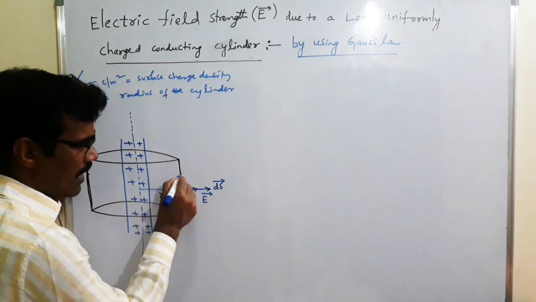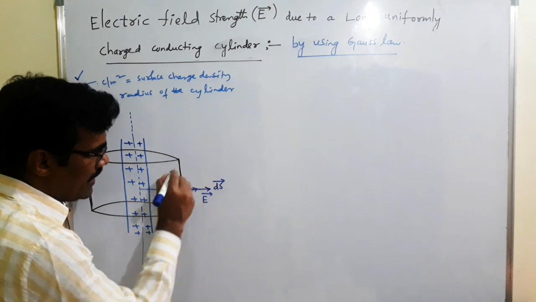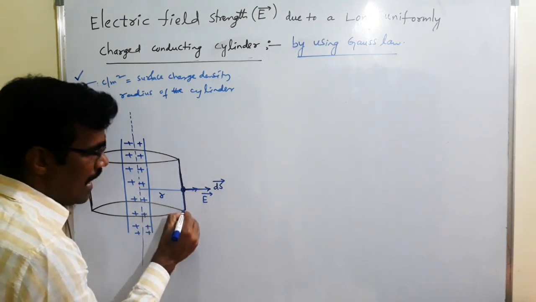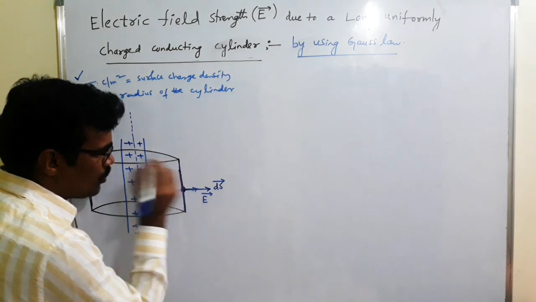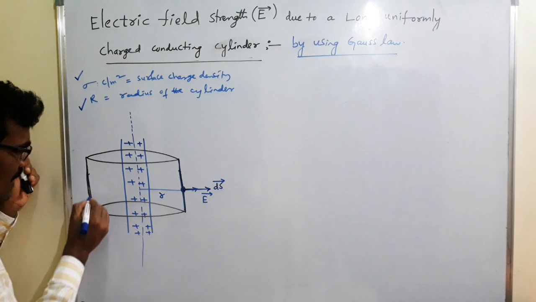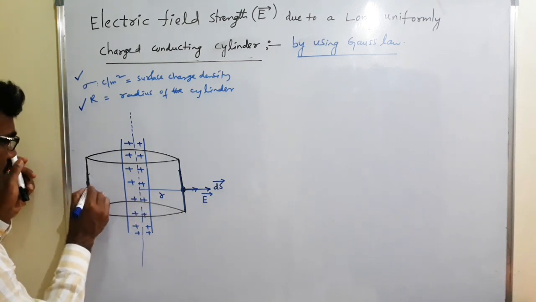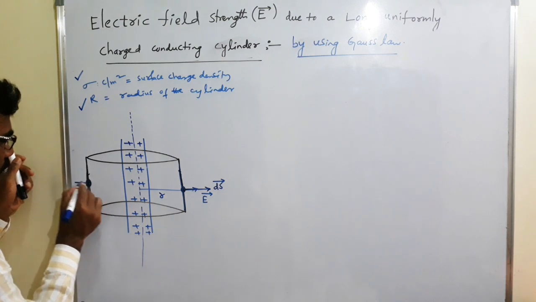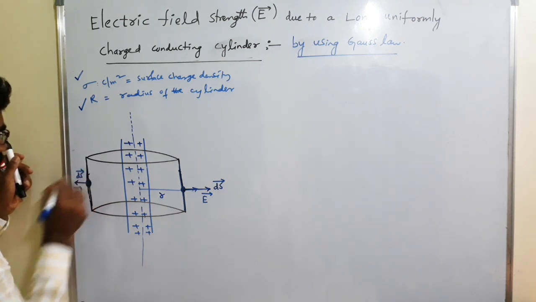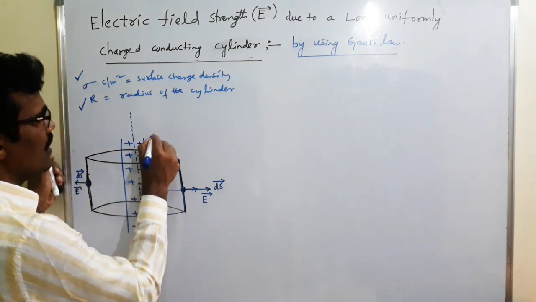At this point E bar and ds bar are in the same direction. Here also E bar and ds bar are in the same direction on this surface. And magnitude wise the field is also the same. Here field E, here E, here E, because from here to here is the same distance. So E bar and ds bar will be the same direction.